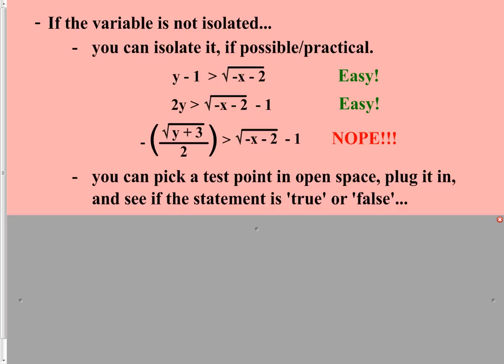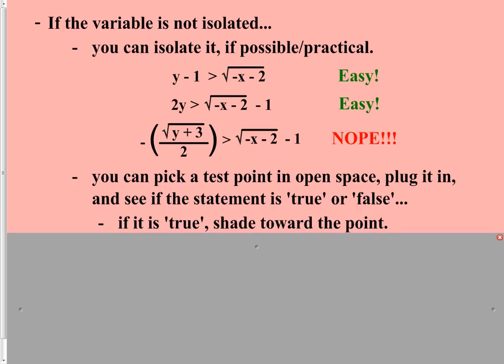Picking a test point is a very widely accepted way of deciding which direction to shade with an inequality. If you pick a test point and plug in, and that gives a true statement, then what the problem said to you is, yes, I like that point, shade toward it.